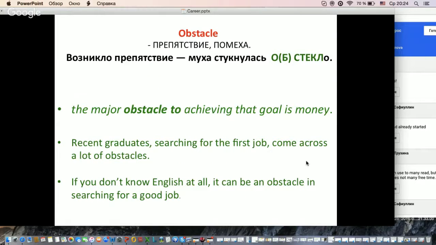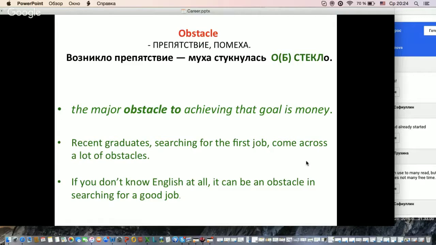Obstacle. Obstacle, it means some trouble, some hurdle, so something that makes your way quite difficult and doesn't help your success. Препятствие, помеха. Возникло препятствие, муха столкнулась об стекло. The major obstacle to achieving that goal is money. То есть главное препятствие в достижении данной цели – это деньги.